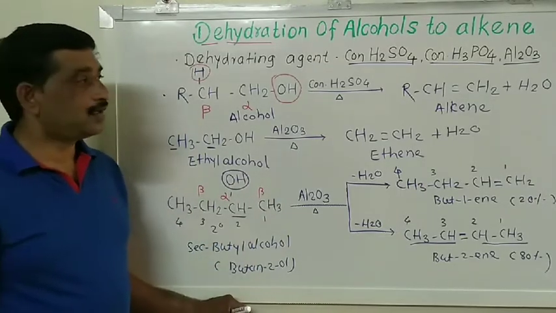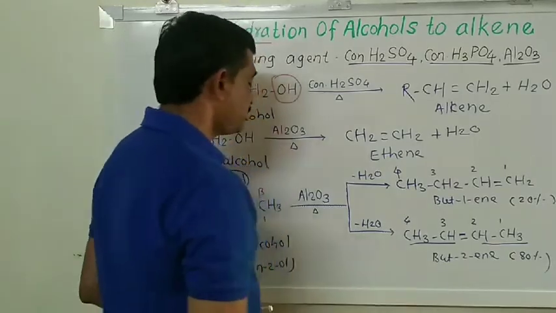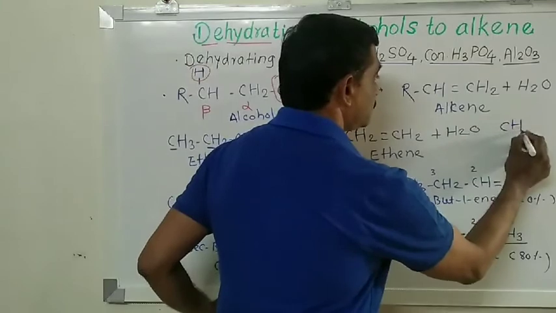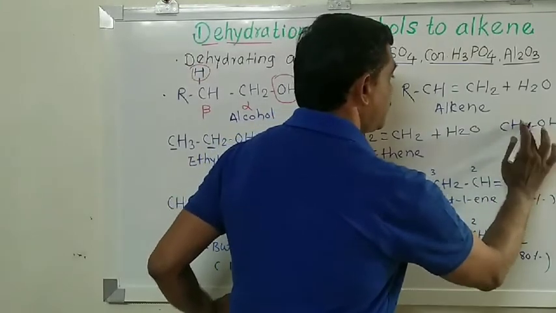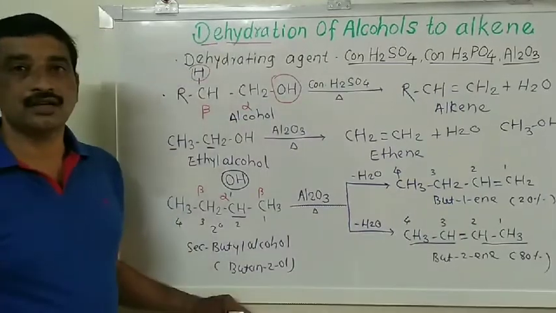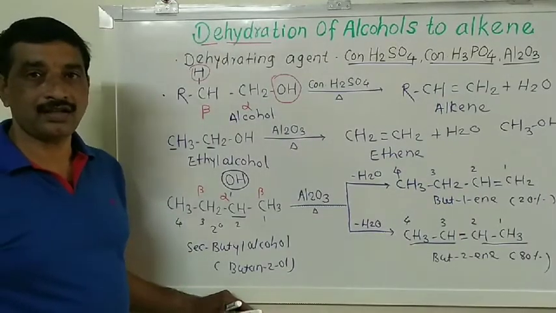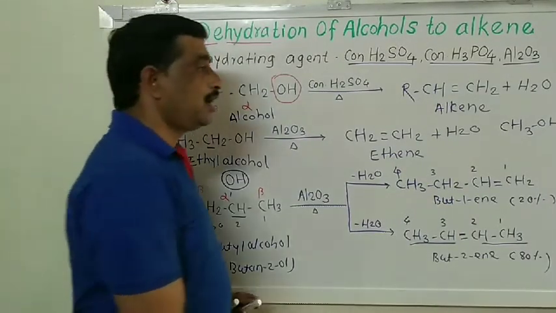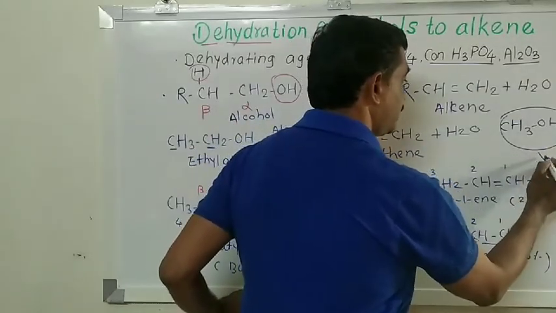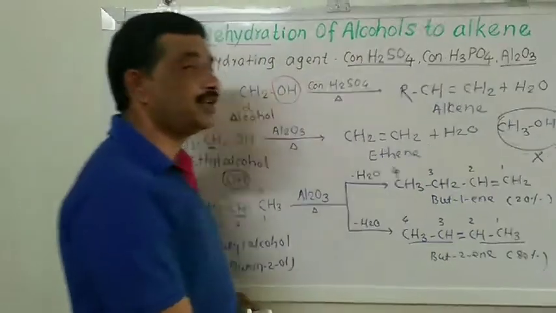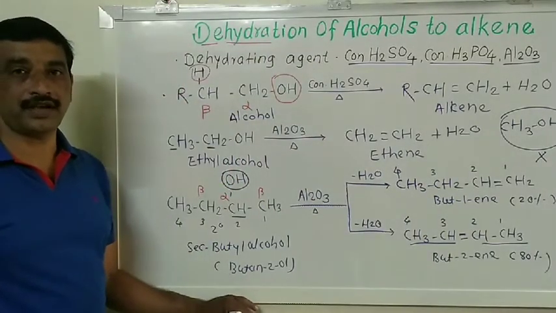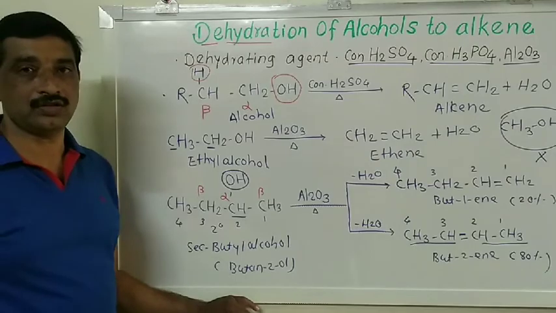When you consider an alcohol such as methyl alcohol, it contains an OH group, but there is no beta hydrogen atom available, and therefore dehydration of methyl alcohol to form an alkene is not possible. So this is about the dehydration of alcohols.